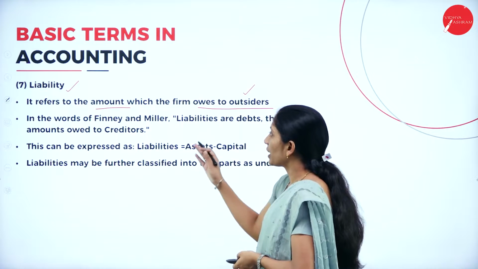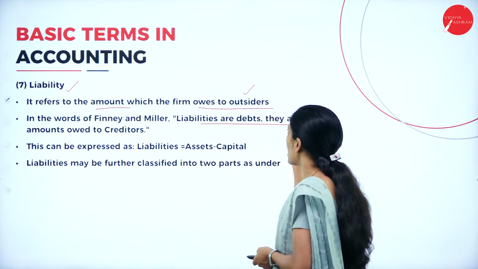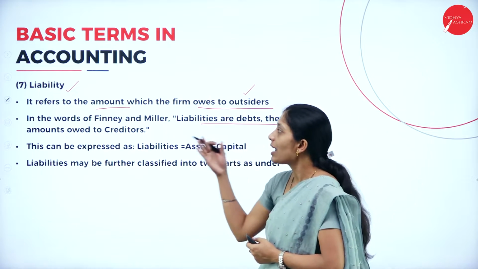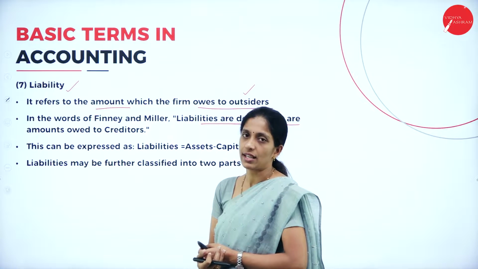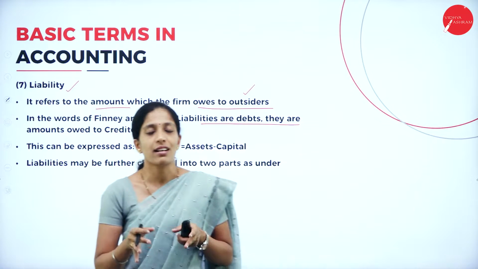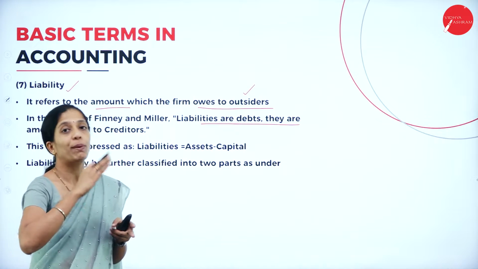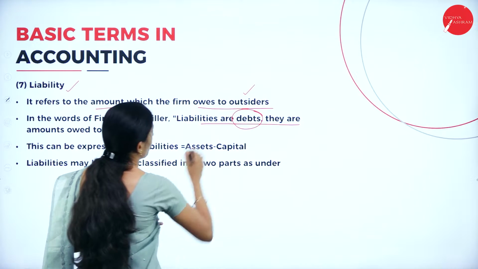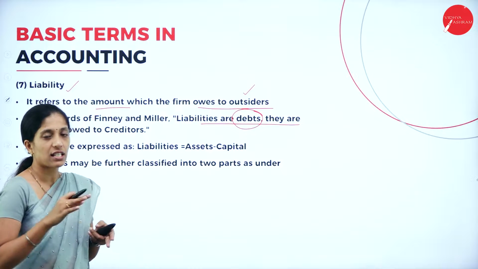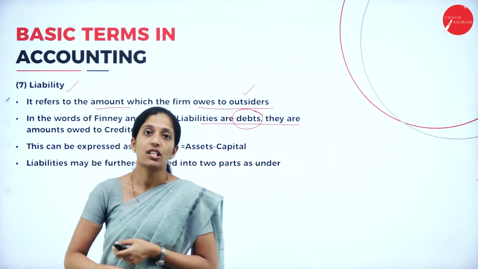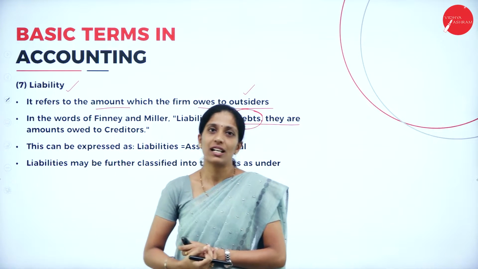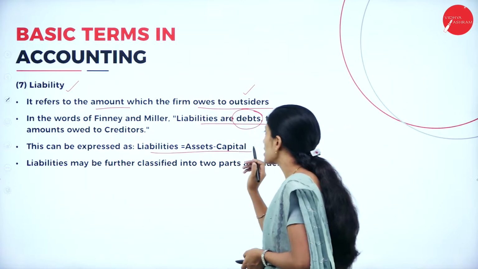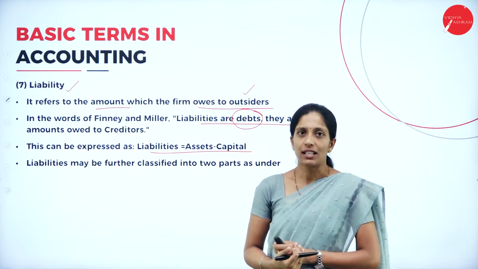In the words of Finney and Miller, liabilities are debts, that is, amounts owed to the creditors. So it's nothing but the debt. Debt means the amount that has to be paid to the outsiders. It's nothing but the creditors. So creditors is always a liability.